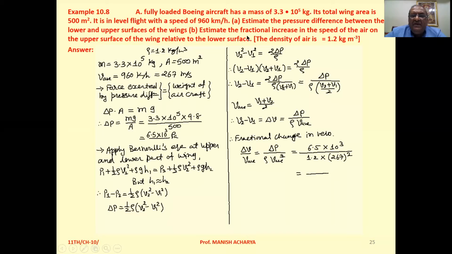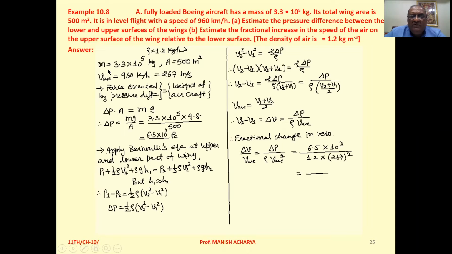B. Estimate the fractional increase in the speed of the air on the upper surface of the wing relative to the lower surface. The density of air is given as 1.2 kilograms per meter cubed.